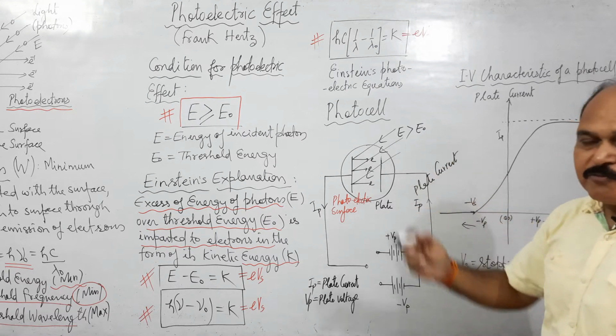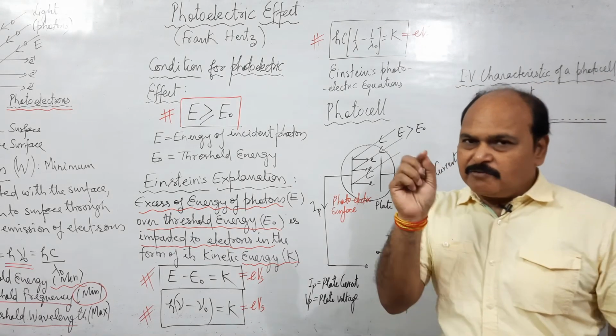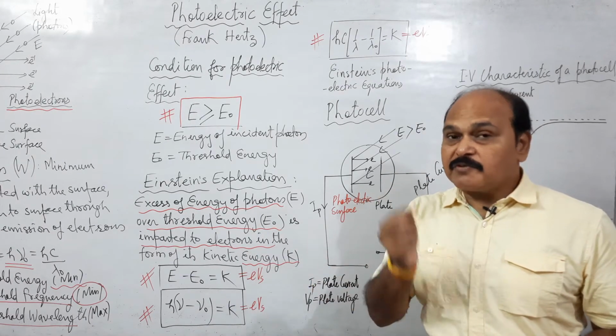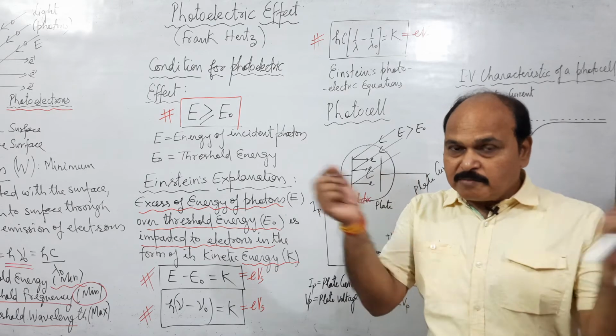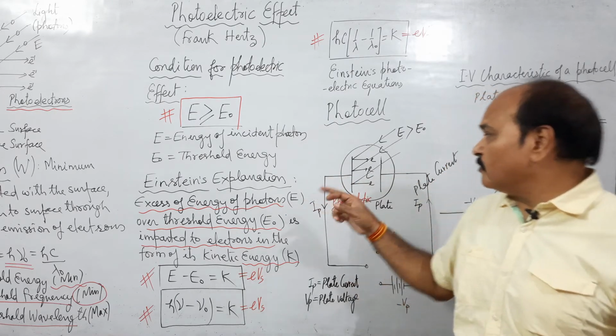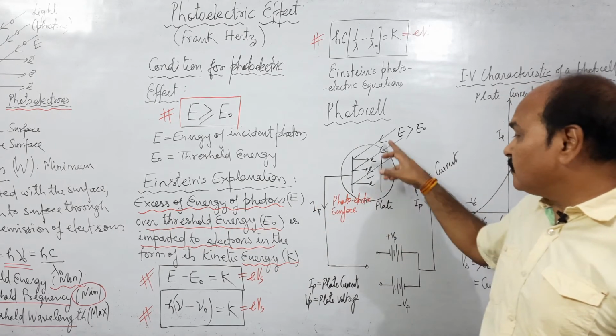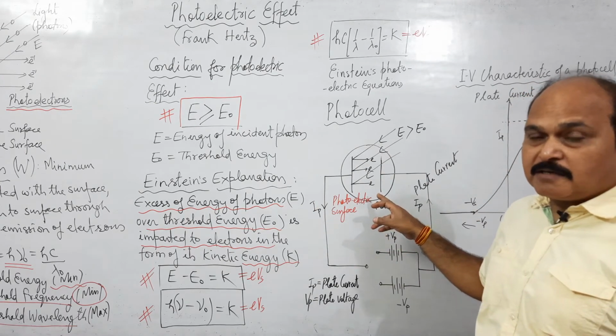So what is there in a photocell? A photocell is a very tiny device. Its size is just like the size of the button of a shirt. And there are two terminals. One is of course the photoelectric surface, you may also call it the cathode, and the other one is a conducting plate.